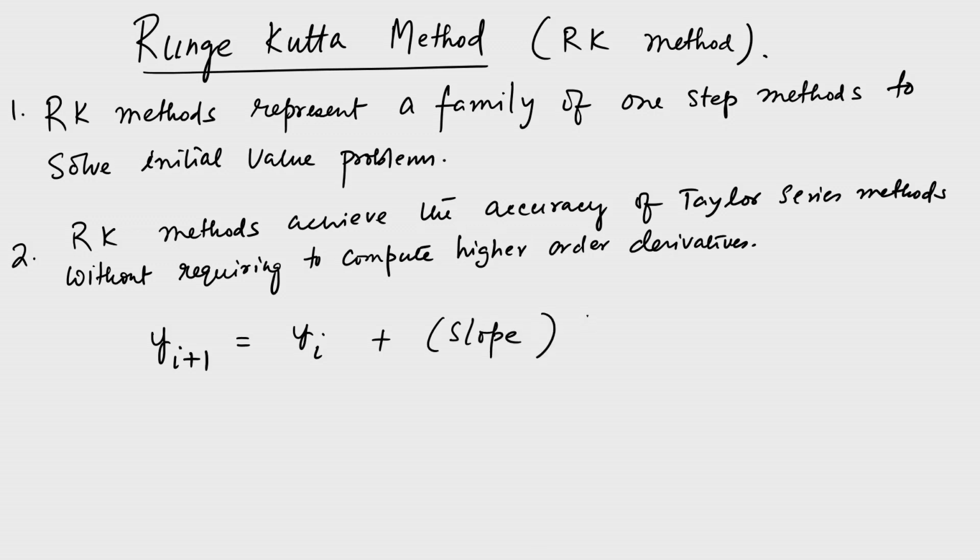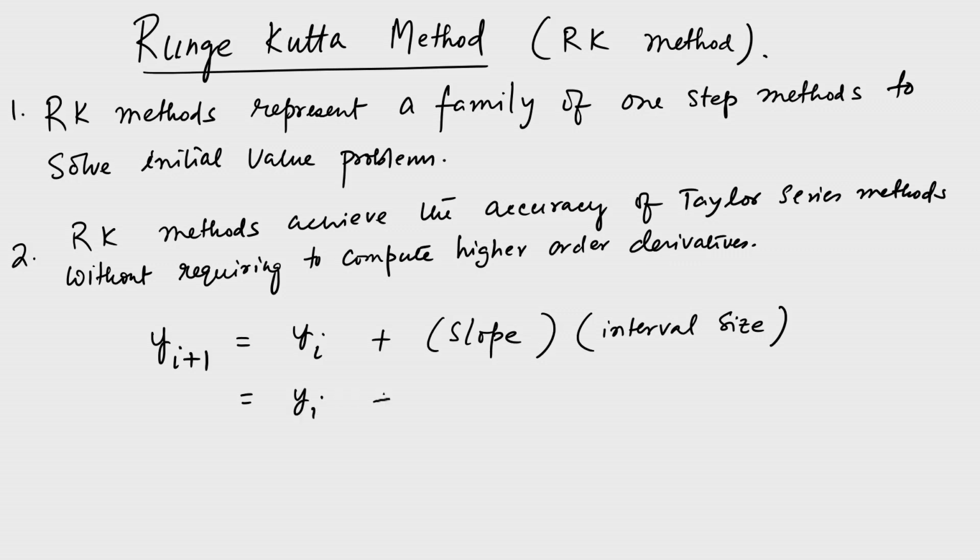We will see where the slope is calculated, and this is an interval size. Okay. And pretty much this is the formula that we have seen for calculating the solution of these initial value problems via the Euler method or via the Heun's method that we have seen. Except that where you calculate the slope is important.